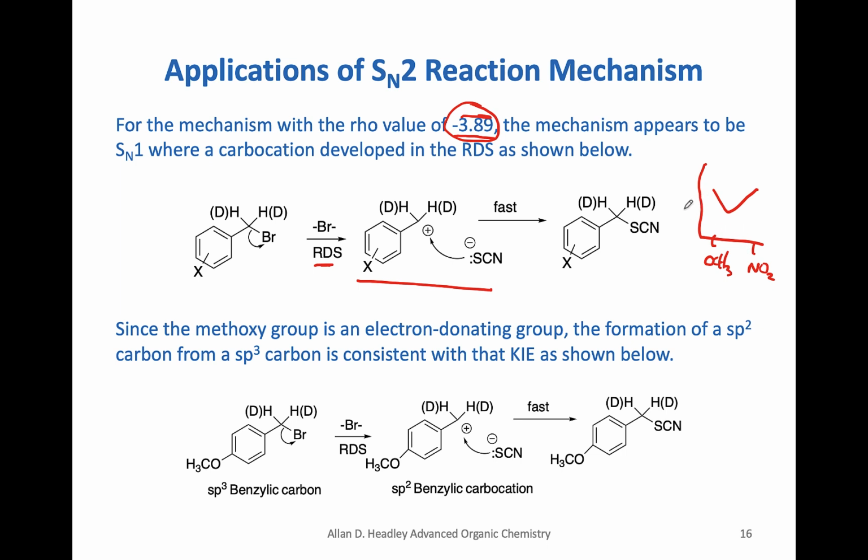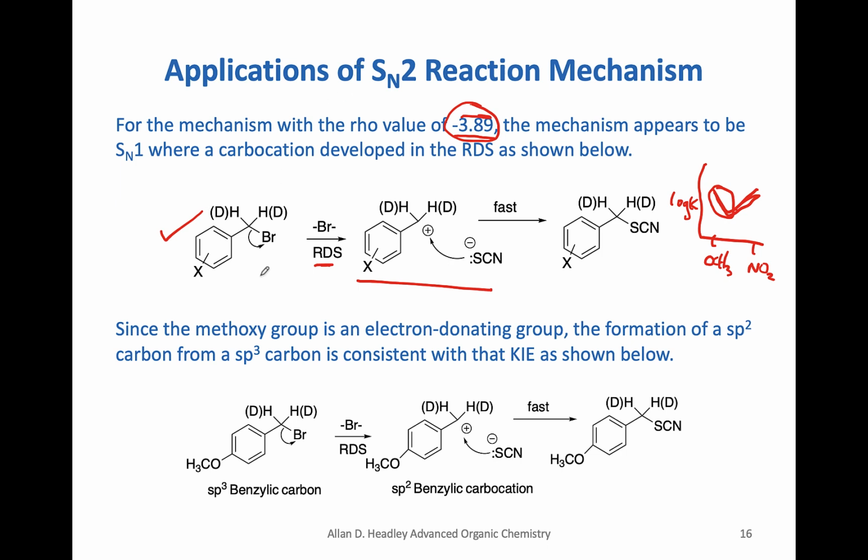And of course this is the log of the rate, so log K, for example. So this would be your typical linear free energy plot, where it changes slope from a negative to a positive. So this part here would be consistent with this mechanism.